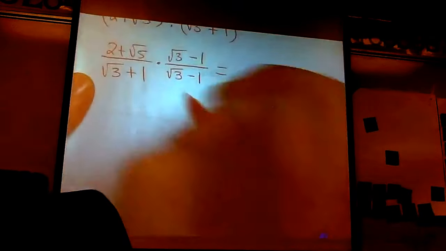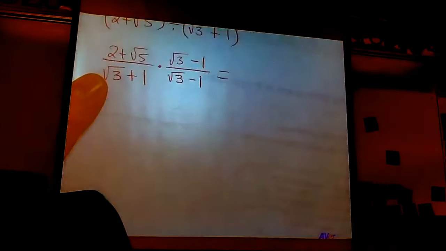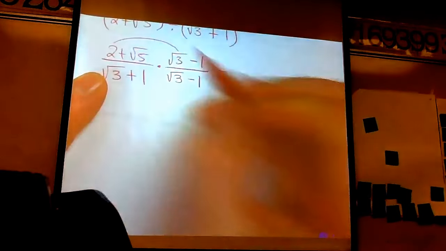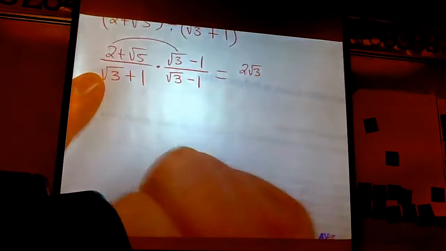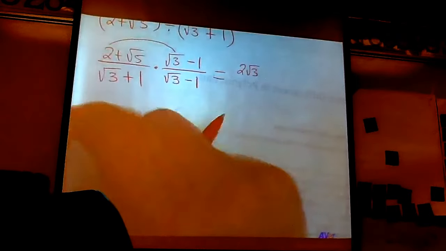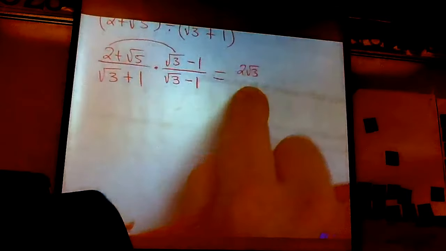All right, so what are the first two things we multiply here? The 2 and the square root of 3, and that gives you 2 square root of 3. Remember, if one has a radical and one doesn't, don't actually multiply the numbers, just write it like that.